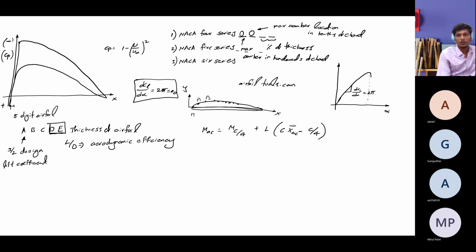How can we calculate that? We have XAC, that is the aerodynamic center, and we have MAC. Both of these are unknowns here. How can we calculate both unknowns? We can use an additional equation. There are two unknowns, and we also have an additional equation equal to 0.